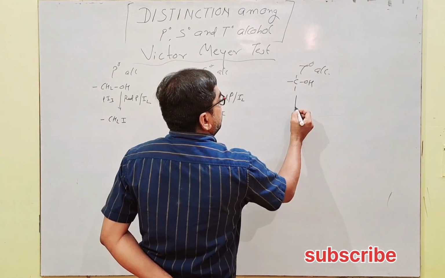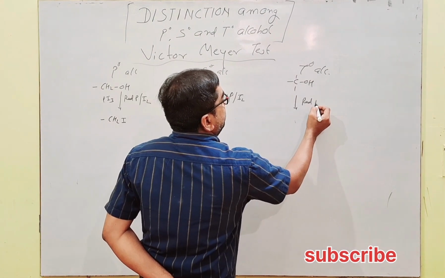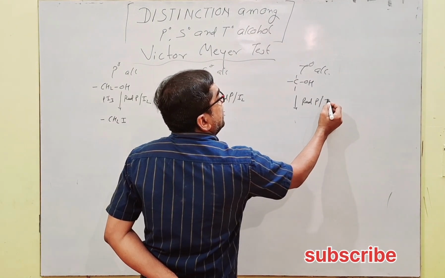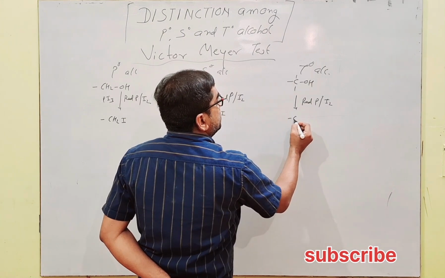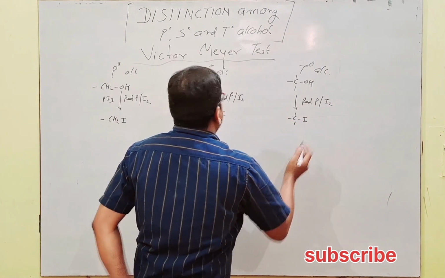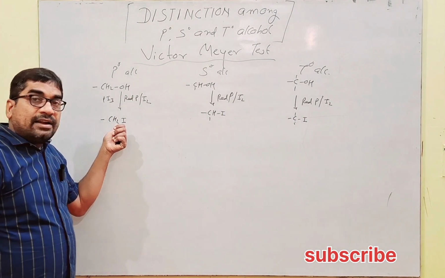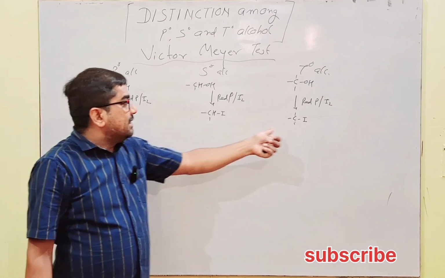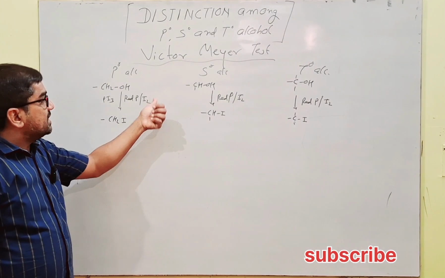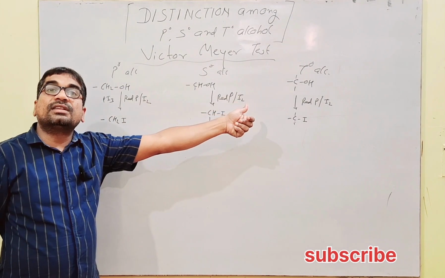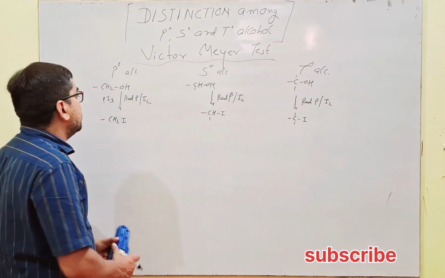Now tertiary reacts with red phosphorus and I2 and gives CI. Primary iodo, secondary iodo and tertiary iodo compounds are obtained from primary, secondary and tertiary alcohols respectively.